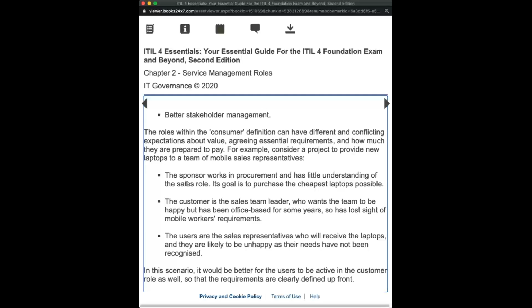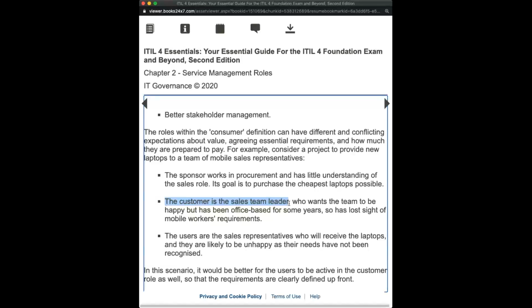Has little understanding of the sales role. Oh boy, that's not going to be good. Its goal is to purchase the cheapest laptops possible. So now it's bad because they didn't even check what the sales representative requires. Like what type of laptop, what type of application, what memory, what storage, right? GPU, CPU, okay?